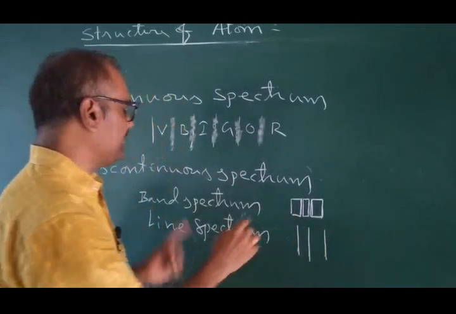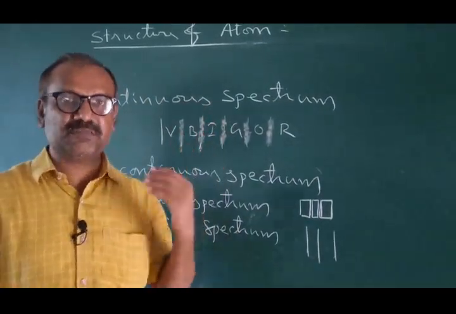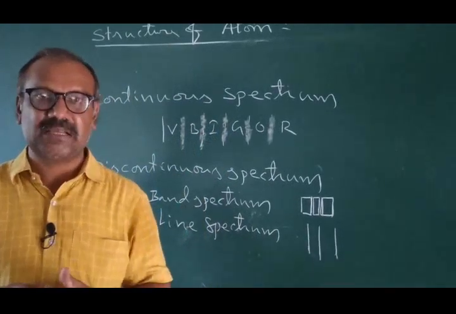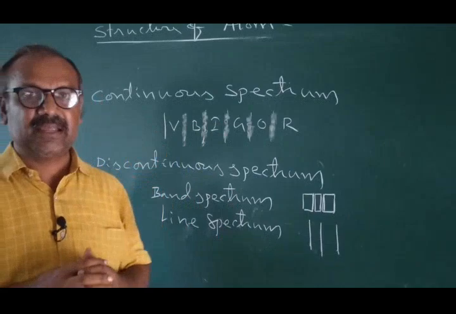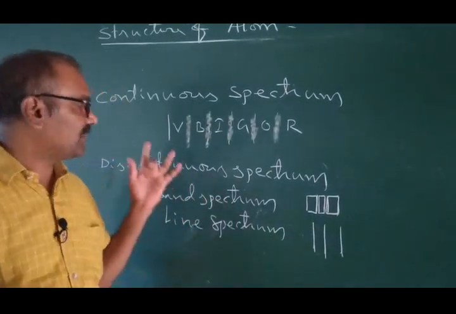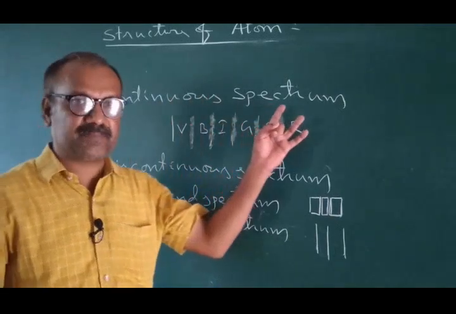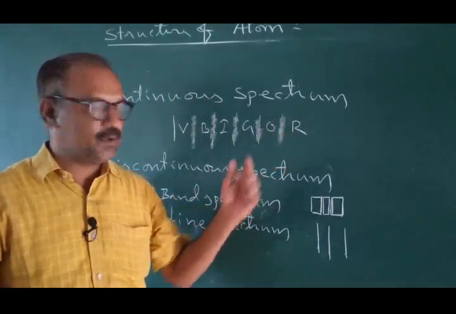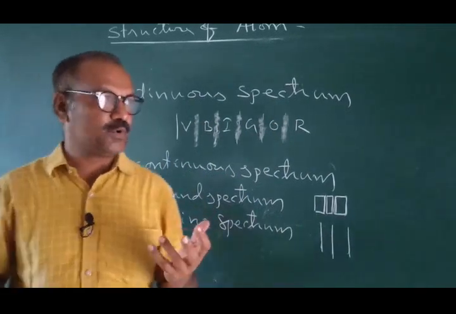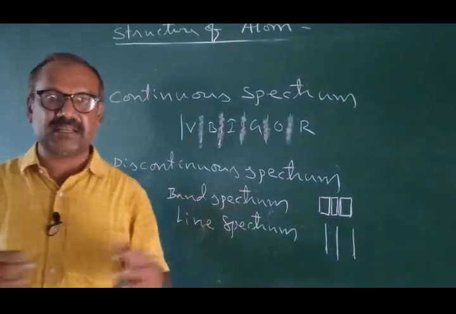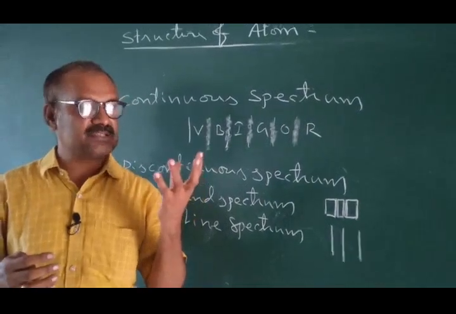Line spectrum is due to atoms, band spectrum is due to molecules, and continuous spectrum is formed by burning of substances or the light radiation from a tube light, etc. You can see the line spectrum in sodium vapor lights in street lights.